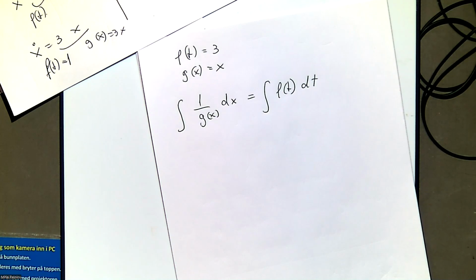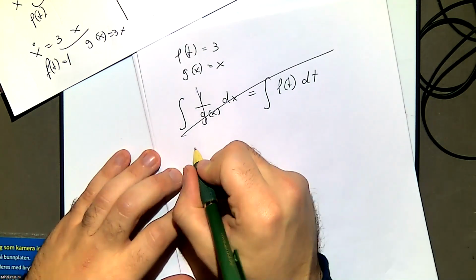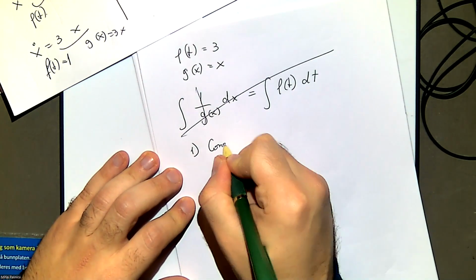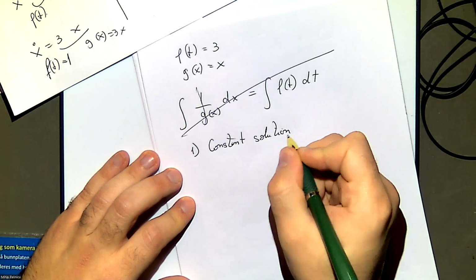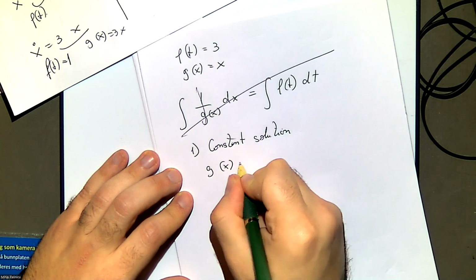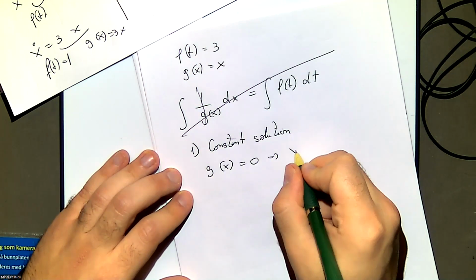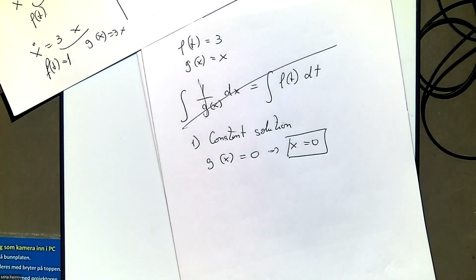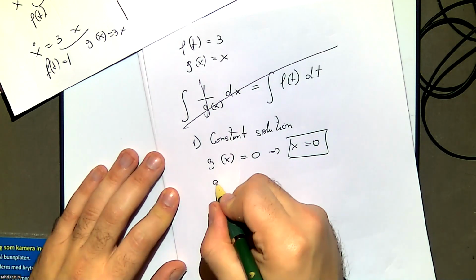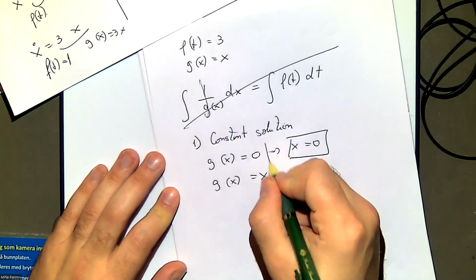Well, I said first we've got to look for the constant solution. So this is bad. I don't write this. I say constant solution. g of x is equal to 0, which implies x is equal to 0 is a solution. I found a solution. g of x is equal to x, just in case you forgot.